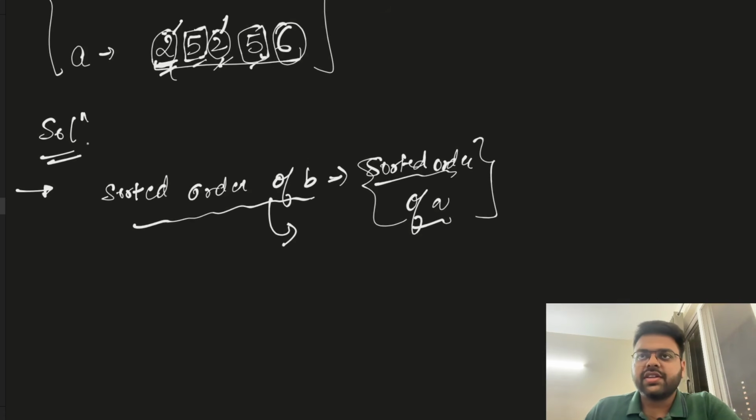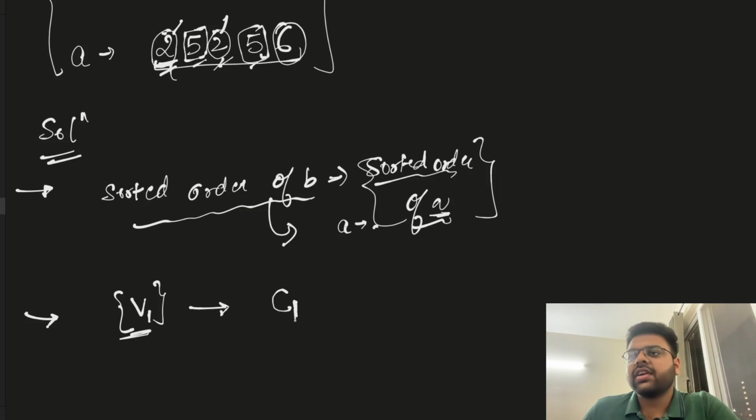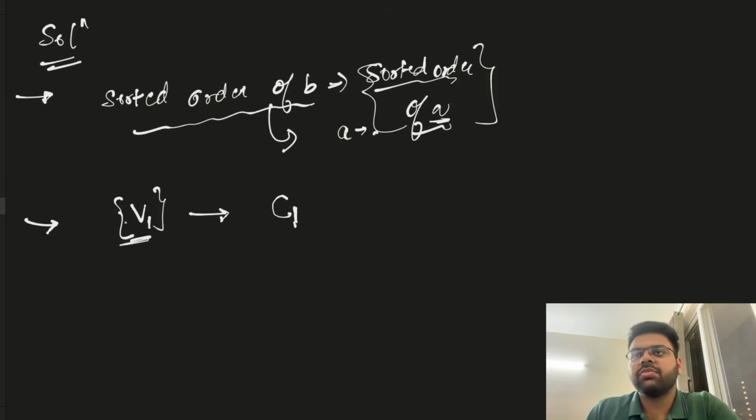Now understand this particular thing. Let's suppose we have a group of identical values in A. Let's suppose initially we have v1 as the smallest value in this array A, and the count of v1, the number of times v1 is coming, let's define as c1.